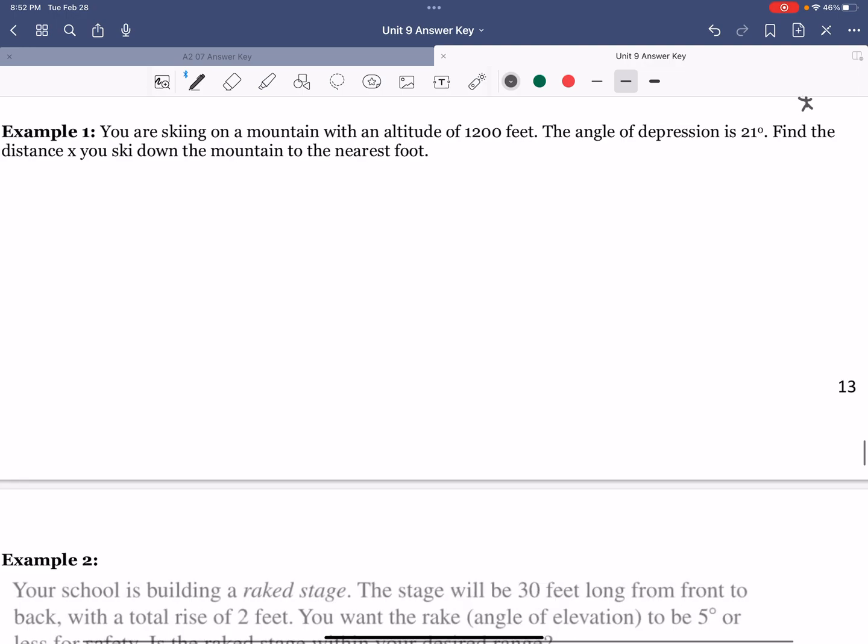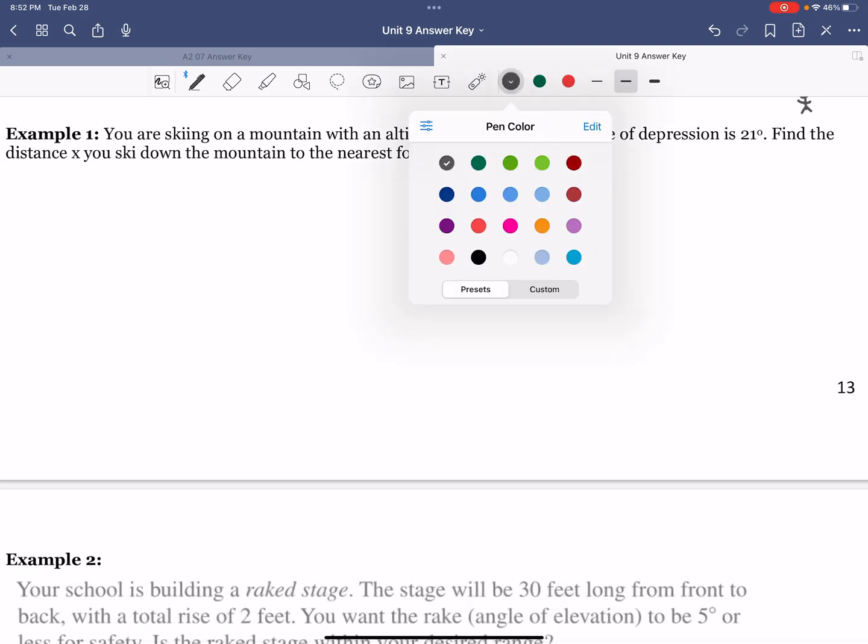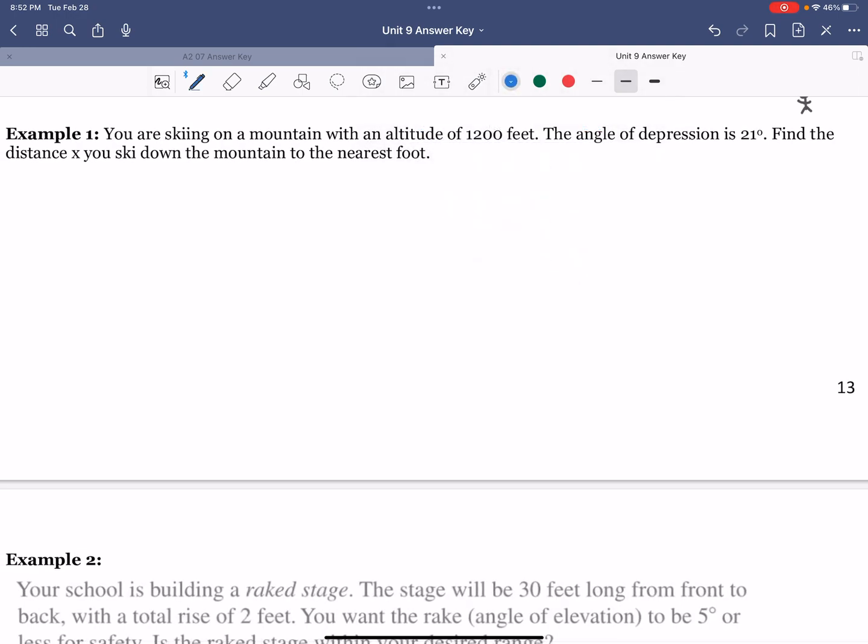So we're going to do 2 examples here just to make sure that we fully understand it. You are skiing on a mountain with an altitude of 1,200 feet. The angle of depression is 21 degrees. Find the distance you ski down. So I'm going to start with drawing this picture. So I have this lovely mountain.